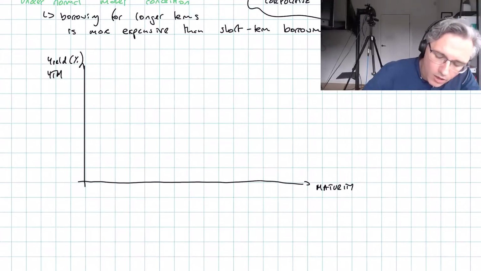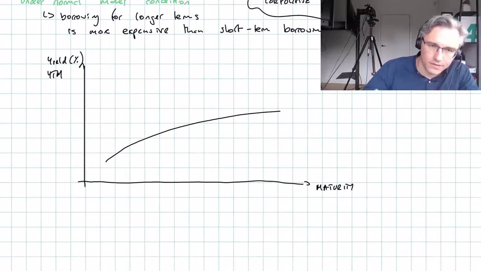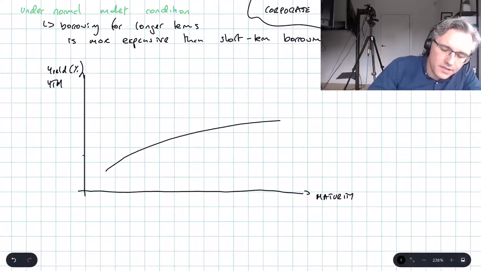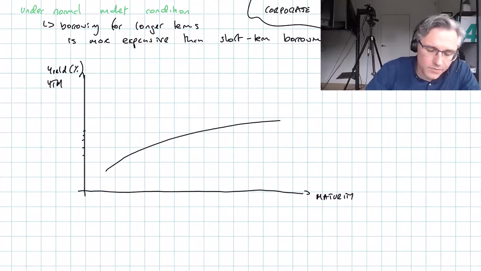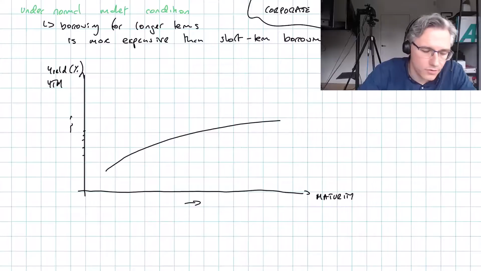So over here I'm going to draw first of all a curve, and it's normal in the sense that it's rising. The yield expected by providers of funding becomes higher as we increase the term, as we extend the maturity date.